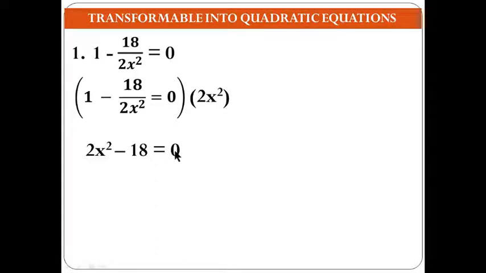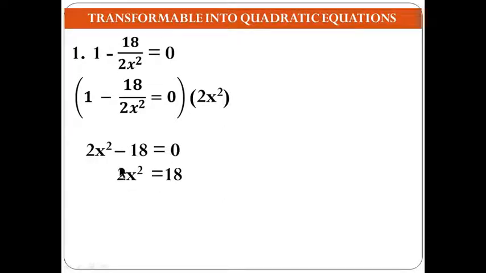So, next na gawin dyan is itong negative 18, transpose natin sa right side. So, nagiging positive 18. So, now, next dyan, para matanggal si 2 dito, dapat yung ating left side ay maging equal to 1 lang yung coefficient.